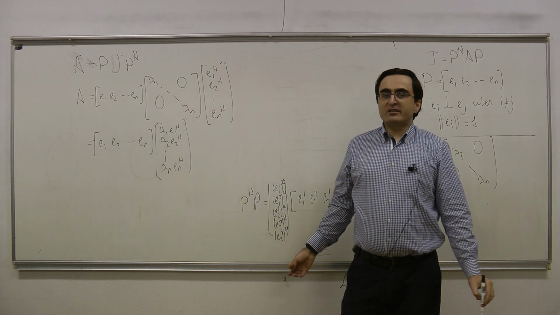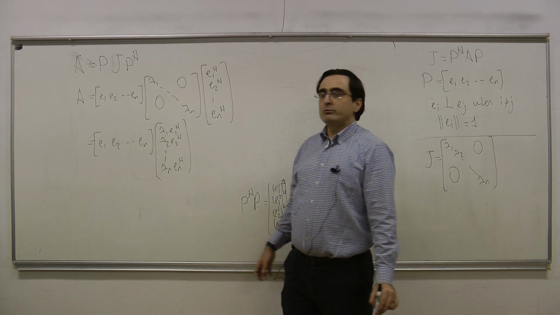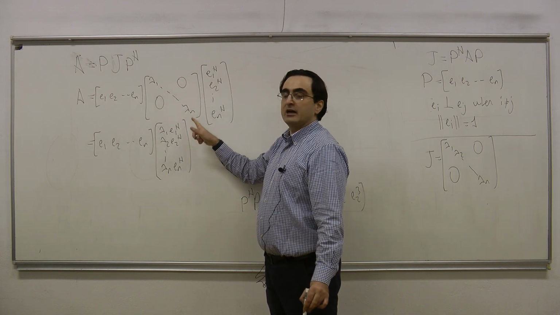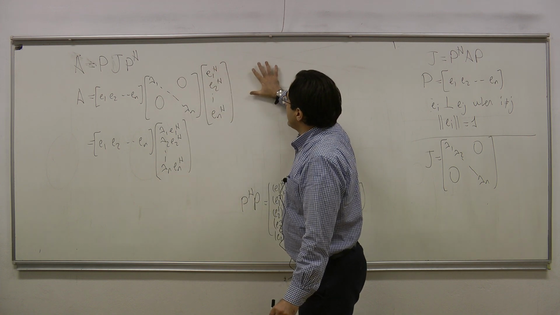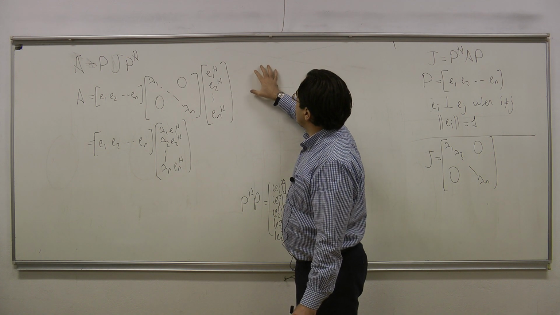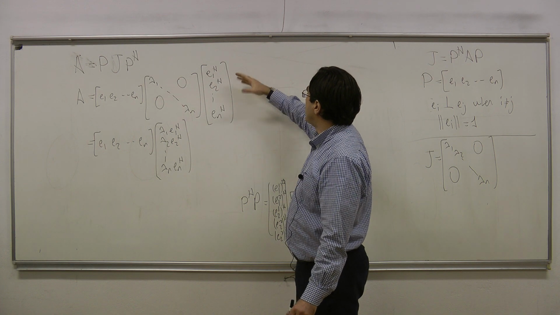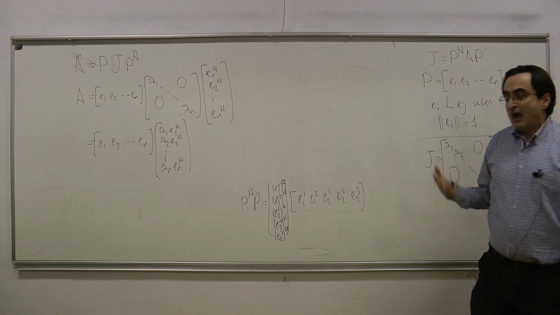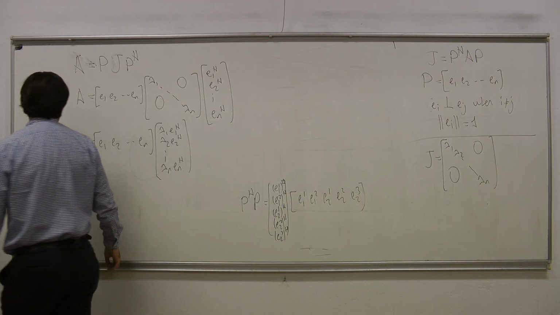If you multiply a matrix with a diagonal matrix from the left, it is equivalent to multiplying the rows of that matrix with the corresponding diagonal elements. Instead, if you multiply a matrix with a diagonal matrix from the right, then the resulting matrix is the columns of that matrix weighted by the corresponding diagonal elements of the diagonal matrix. That is the effect of multiplying a matrix with a diagonal matrix from the left or from the right.